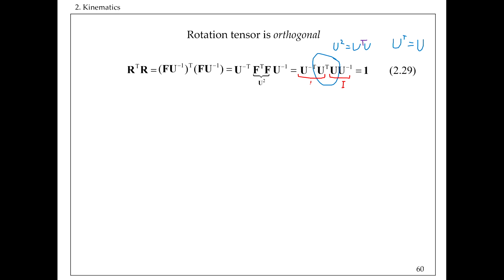So that will be identity tensor, and identity multiplied by identity gives the identity tensor again. So this is an essential property of the orthogonal tensor: its transpose multiplied by itself produces the identity tensor.